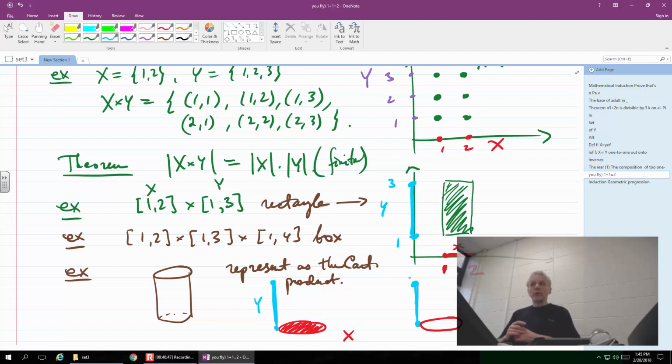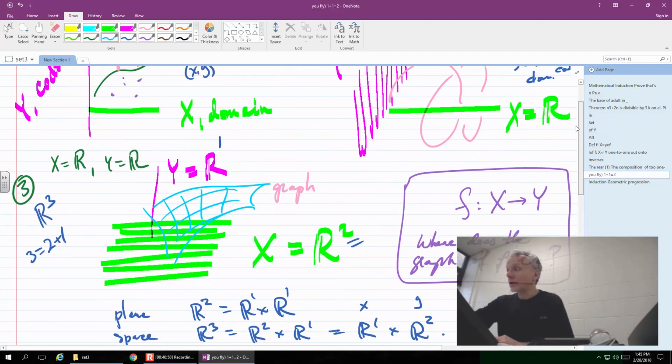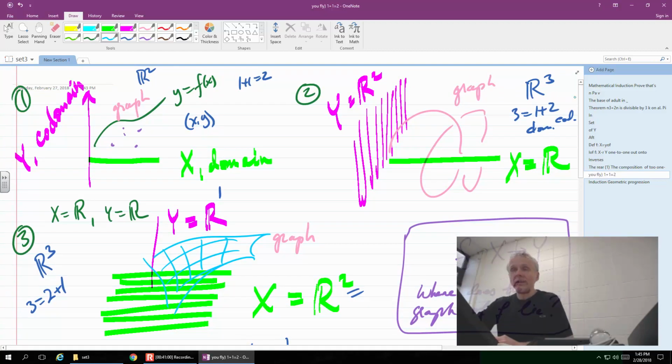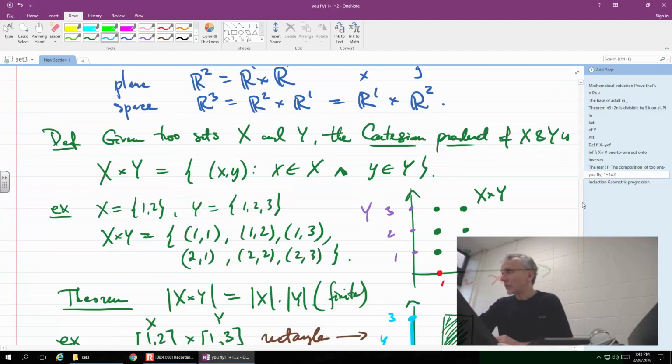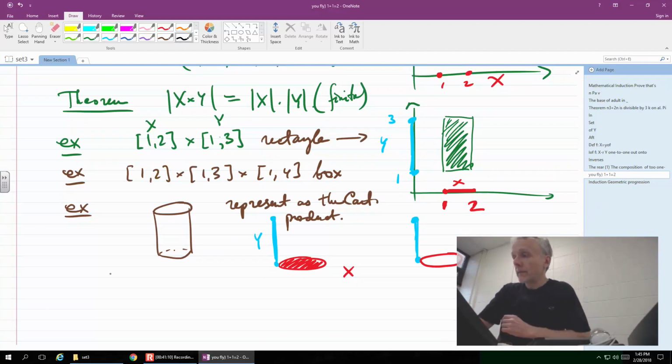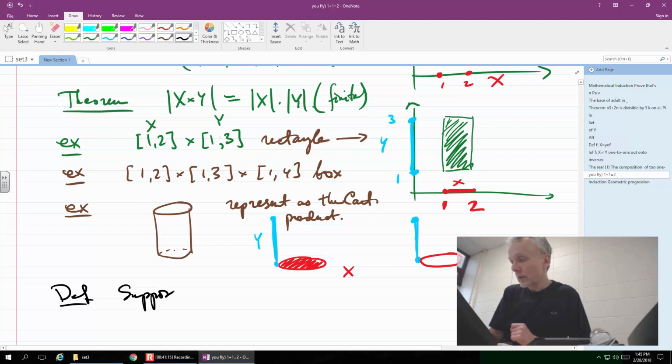But our point was we're not going to explore this too far. The point was actually to introduce a place for the graph. Where is the graph located of a function of two variables? And the answer is it is located inside the Cartesian product of the domain and codomain. Okay, so let me state that. Or it is a definition, as a matter of fact. So suppose f from x to y is a function.